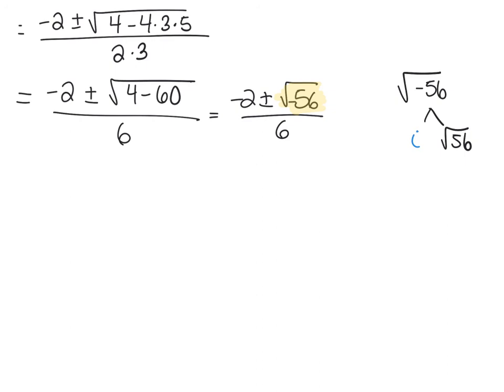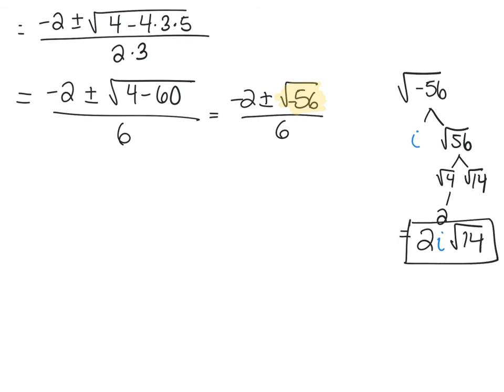So let's see, we've got 4 and 14 come out of 56. 4 is a perfect square, so the square root of 4 is 2. So if I put all of this together, I can rewrite the square root of negative 56 to be 2i square root of 14.